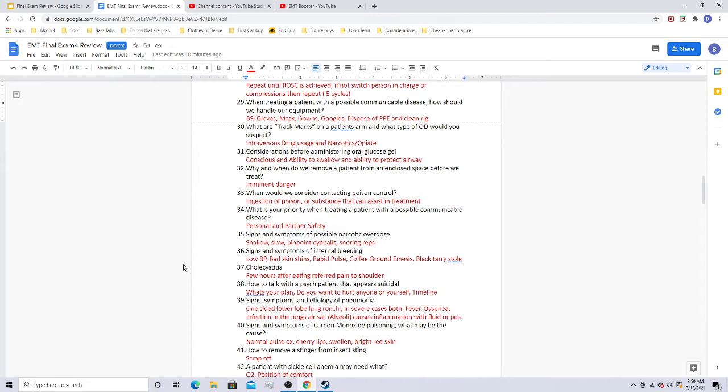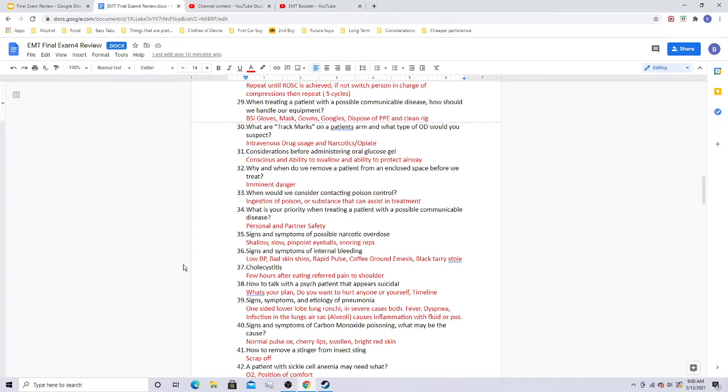So just generally when you see bad skin signs, low BP, and it just occurred in a trauma, you're going to have a pretty good idea that they're probably internally bleeding if they're not bleeding on the outside. And if you're seeing the coffee ground emesis, black tarry stool, ecchymosis, there are a lot of different reasons medically why this can happen, from ulcers and all that stuff. So generally if you see that kind of stuff, that's what you're going to be looking for.